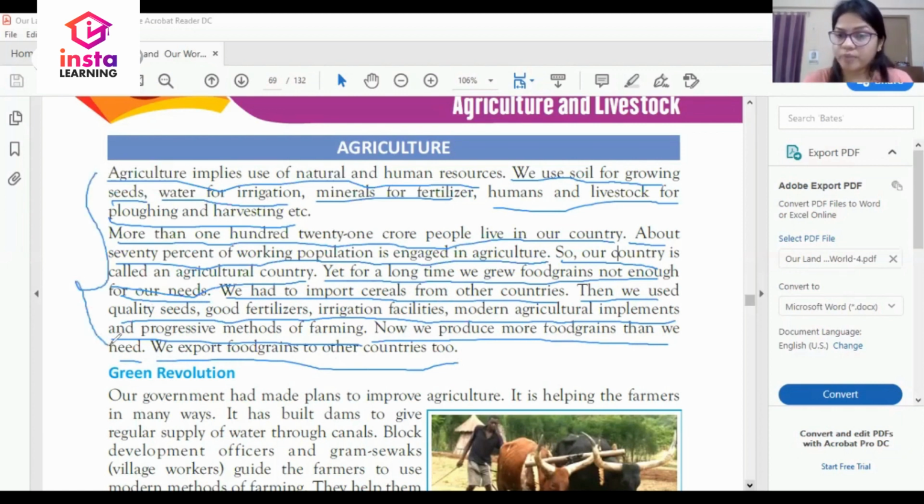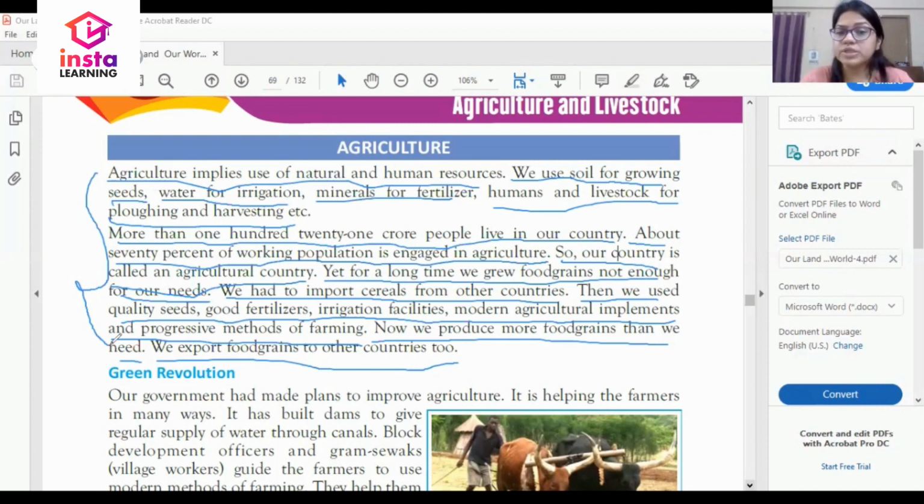From this paragraph, we learn why our country is called an agriculture country. Because 70% of the working population is engaged in agriculture. That's why we call our country an agriculture country.